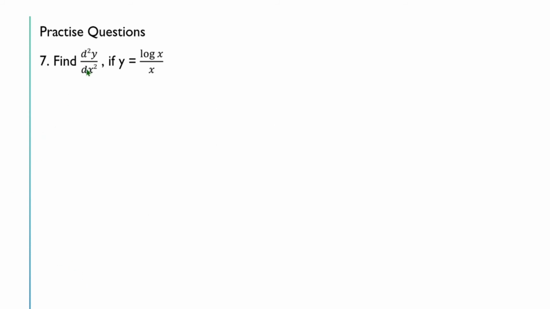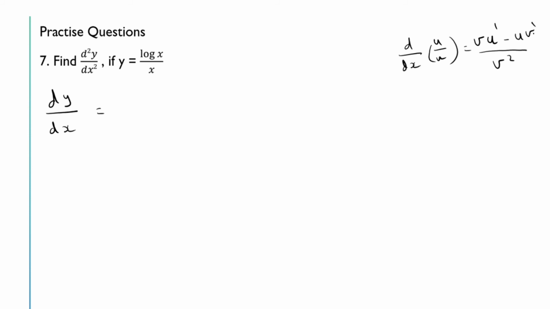Next one, find d square y by dx square if y is equal to log x by x. So dy by dx is, so when we have division of two functions, we have d by dx of u by v is, v square will be in the denominator, v u dash, which is the derivative of u, minus u v dash. So when we have y is equal to log x by x, we have to find the derivative using this rule.